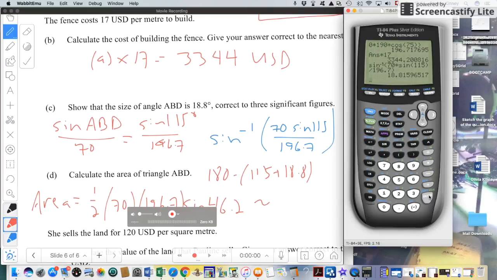And I got an area of about, let's see, 4969 approximately square meters.